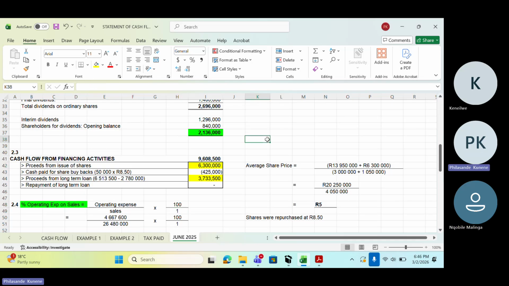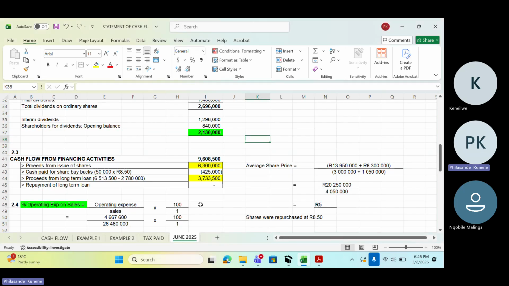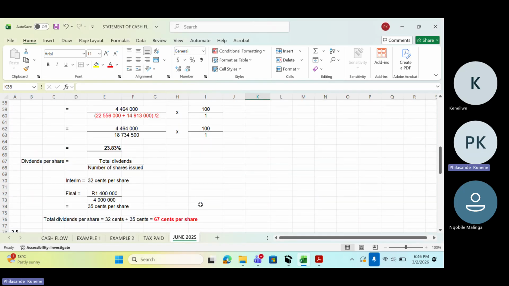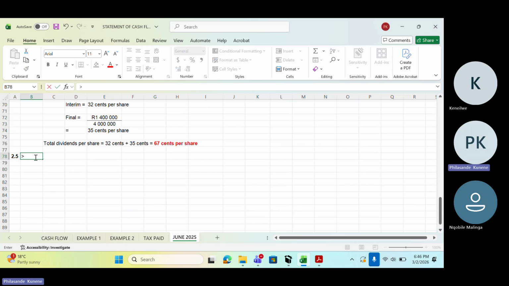So these are the two sources of funding, because they even indicated there that it must be over 2 million each. So the first source is what? Loan. Okay, I can say here, loan of how much?